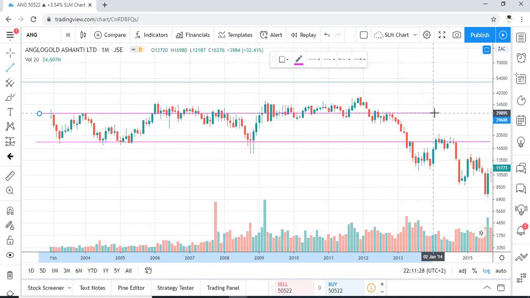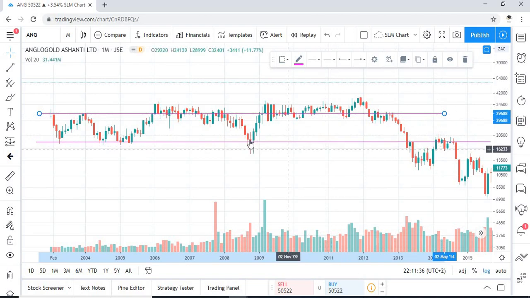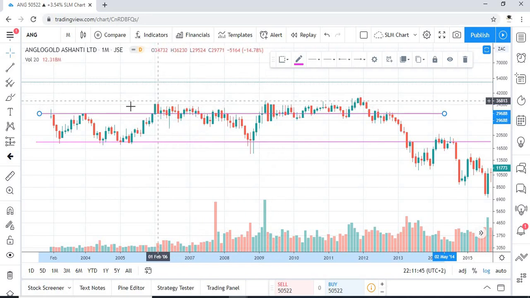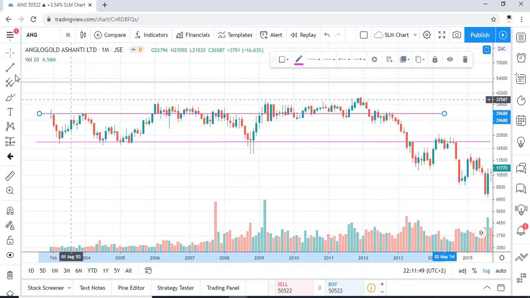As you can see, this was not really a strong resistance because it was continually being broken and then re-established again, then broken again and re-established. So it was a period of much congestion with the price trying to set a level of maybe resistance.